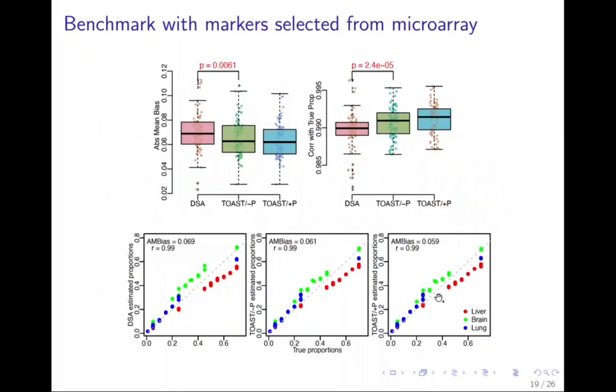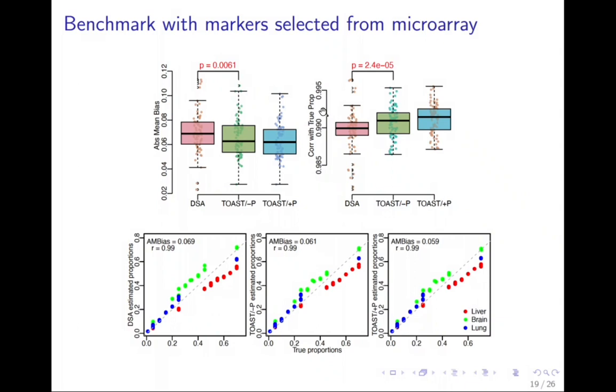So in the first real data analysis, we benchmark our method with markers selected from a microarray reference panel. We show that our proposed method, compared with the existing method DSA, has lower bias and higher correlation.